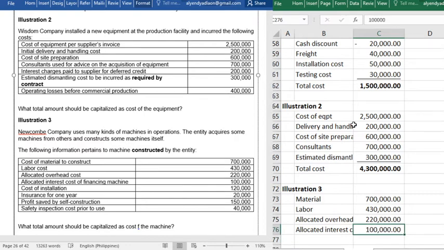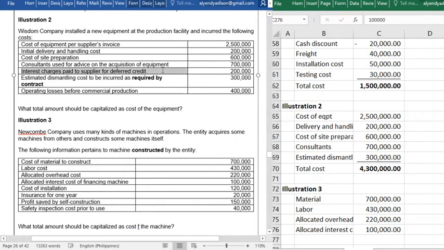Okay, allocated interest cost that is 100,000. Now, as of this time, why did we include the interest? Unlike in illustration 2, we did not include any interest. Now, take note class, as what I have said, that this interest charge is not capitalized because the equipment is ready for the intended use when acquired.